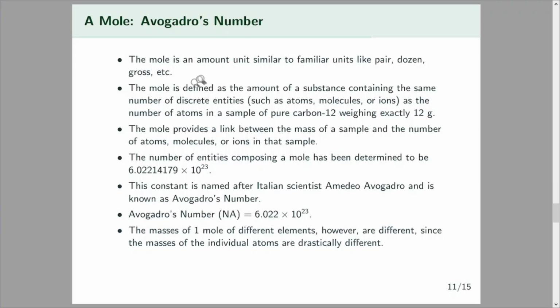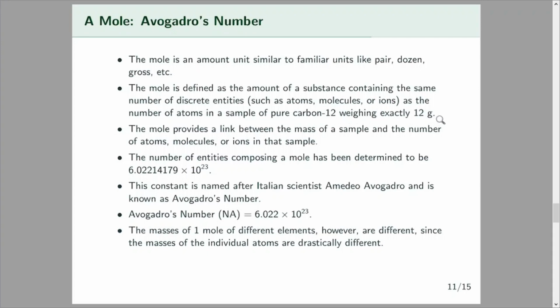The mole is defined as the amount of a substance containing the same number of discrete entities, such as atoms, molecules, ions. It could in fact be anything: cars, buses, planets, and so on. It contains the same number as the number of atoms in a sample of pure carbon-12 weighing exactly 12 grams.